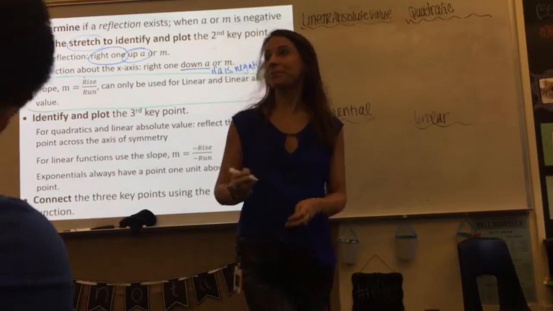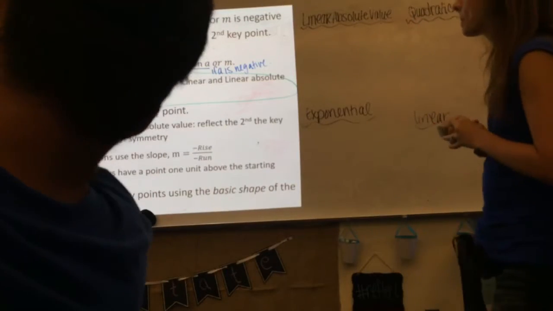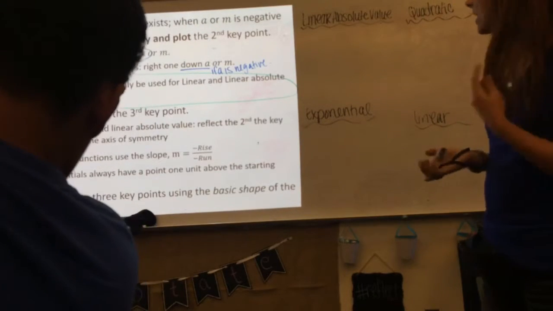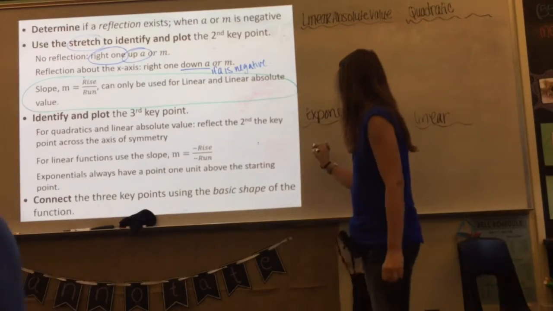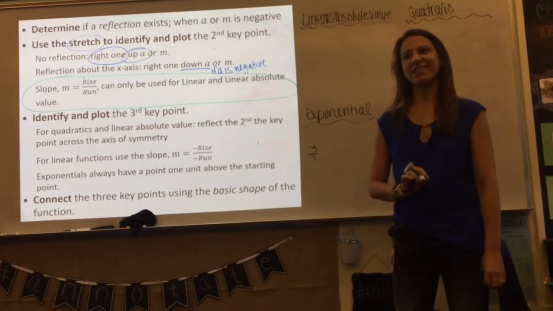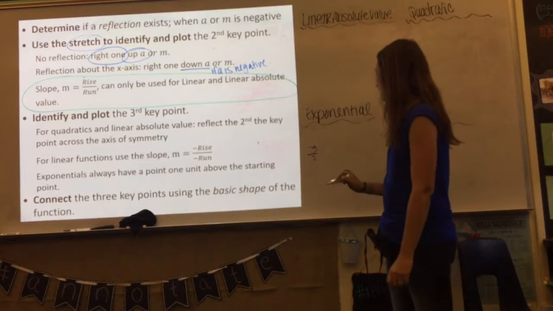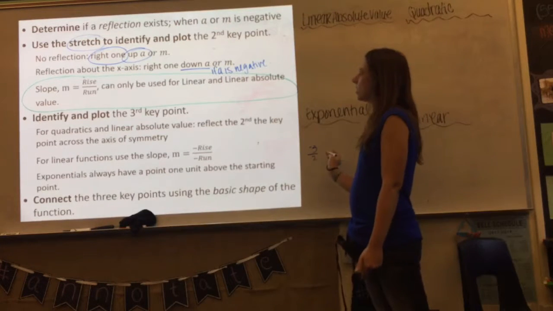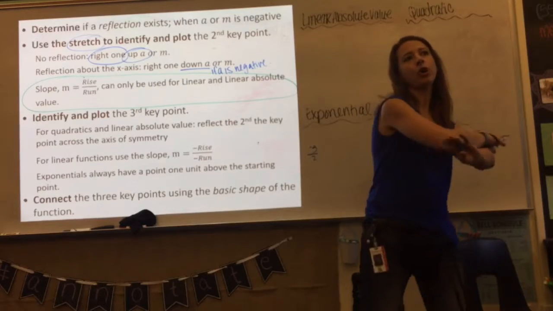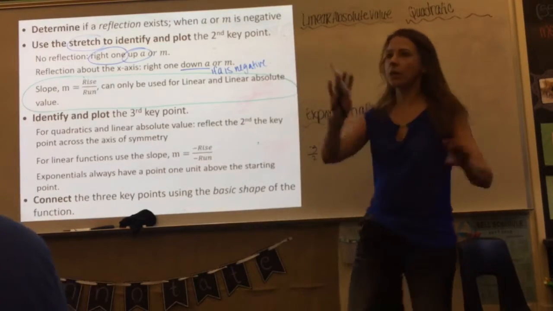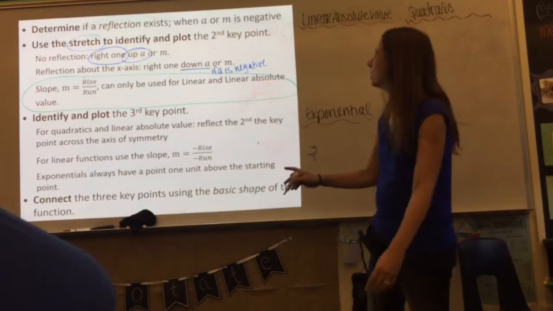Can you use stretch for the linear equation? Yes. The time it gets really hard is if it's like 3/2. That one's kind of hard to do. So I do like using slope for linear and linear absolute values, but stretch works for all of them the whole year. Okay? Now in advanced math.